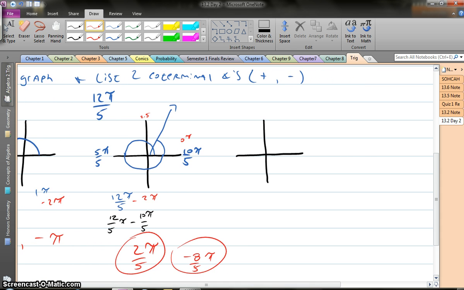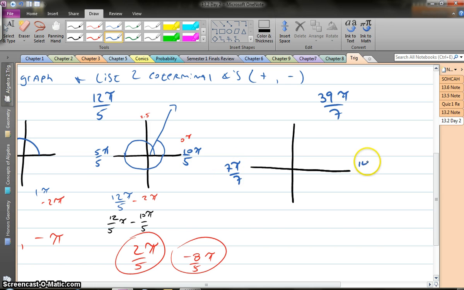All right, then over here, let's twist our brains up a little. 39 pi over 7. Haha. All right, well, I'm going to move this over just because I ran out of room. Yours should be okay. Okay, so my denominator is 7, so I'm going to call this 7 pi over 7. And this is going to be 14 pi over 7 to represent 2.